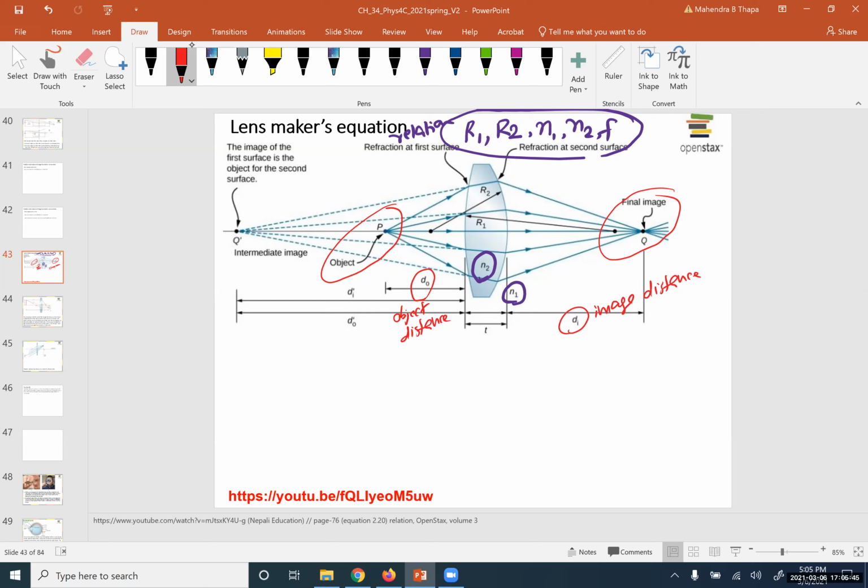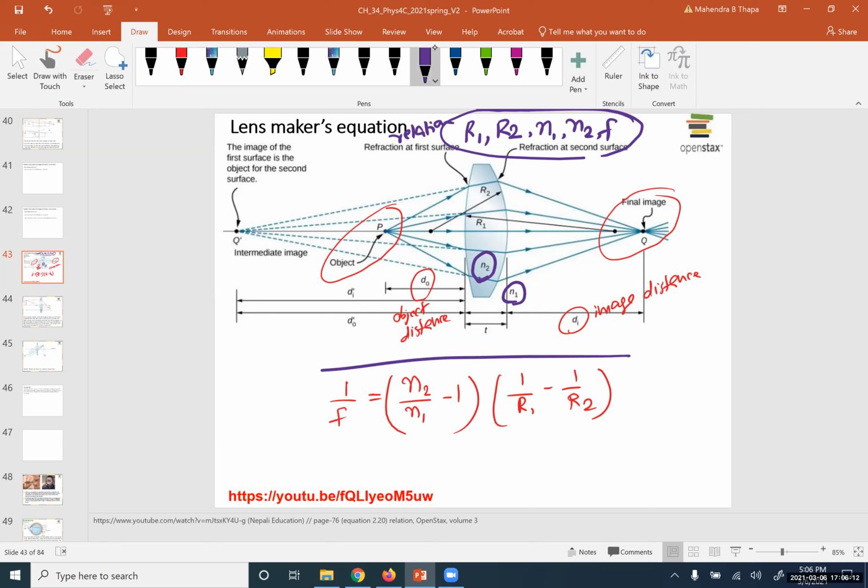We can prove this result. It will be 1 over f equals eta 2 over eta 1 minus 1, times 1 over R1 minus 1 over R2. This result is called the lens maker formula. If you know those quantities, we can find the focal length of the lens.